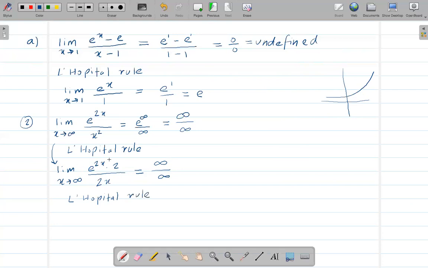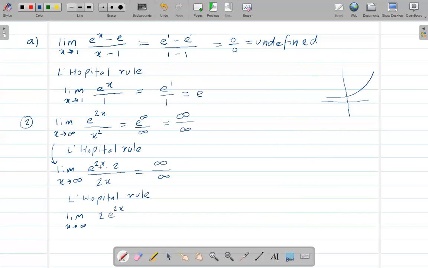Now let's take the derivative of the top, this one, which will be, well, we still have this 2. When you take the derivative of e to the power 2x, we still get 2 e to the power 2x.